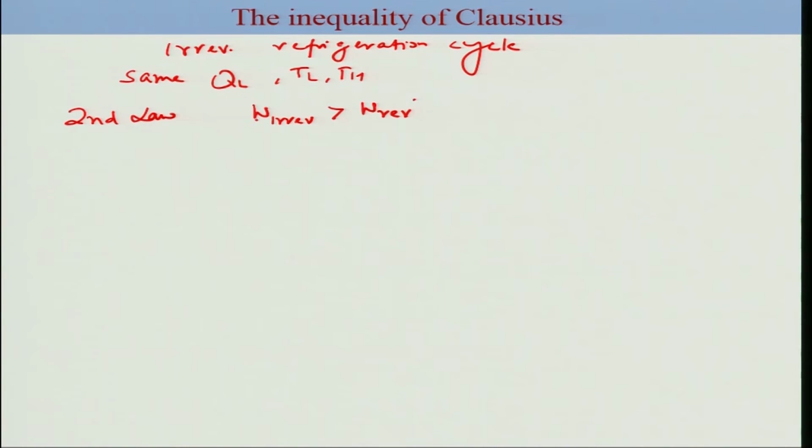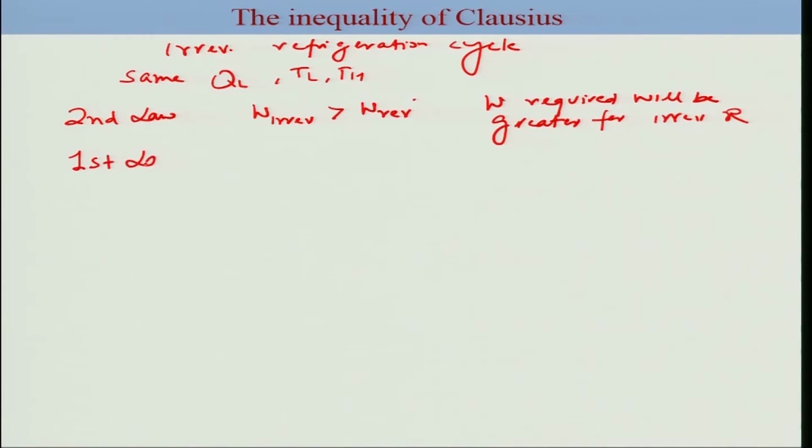Okay, so we know W irreversible should be more than W reversible. That is, W required will be greater for the irreversible refrigerator. Okay, so let's now look at the first law. The first law tells you that QH minus QL is nothing but W. You apply this for both reversible and irreversible because it is true for both.